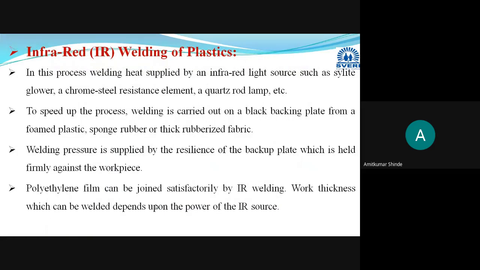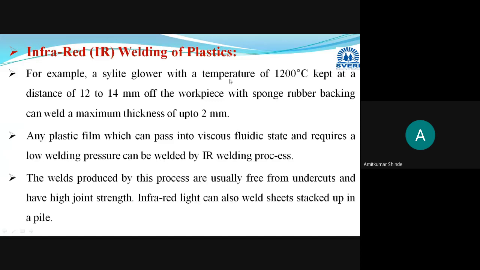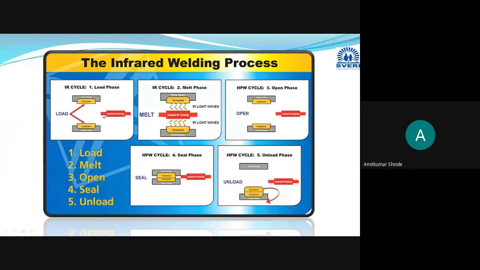In this infrared welding process, the heating is done with the help of an infrared light source. Different infrared light sources are used, like quartz rod lamp, silite glower, then chrome steel resistance element. Different sources may be used to obtain this infrared light.